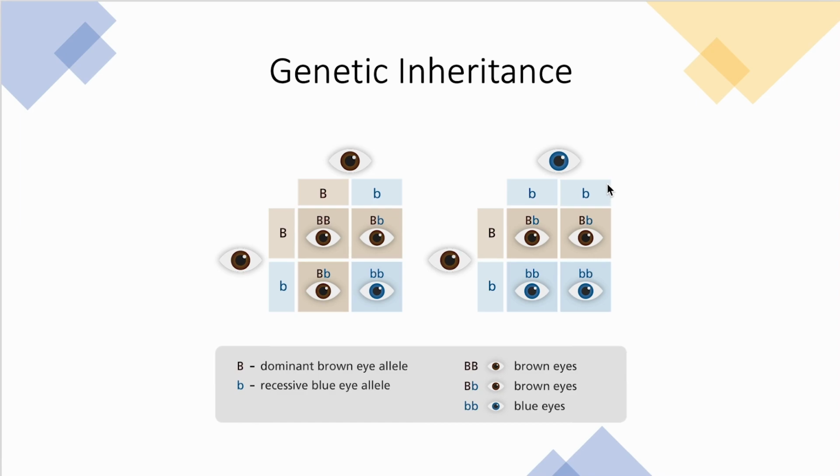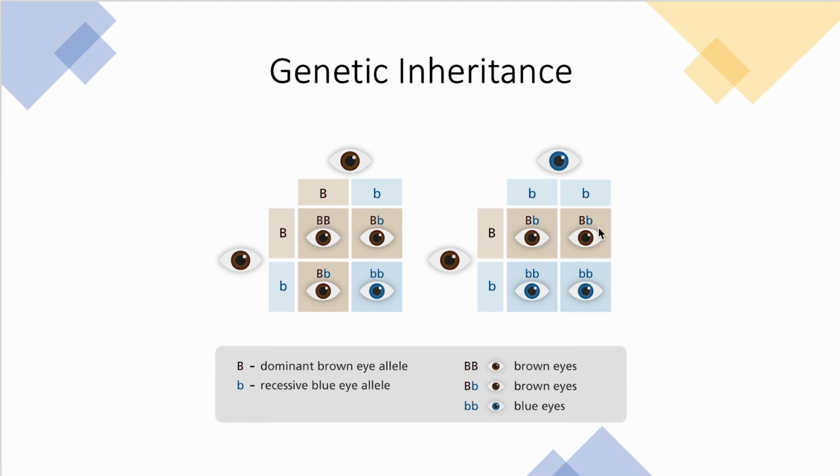So we could say that, let's imagine that this person here, who is heterozygous, marries or has kids with someone who is homozygous recessive. These are the probabilities.